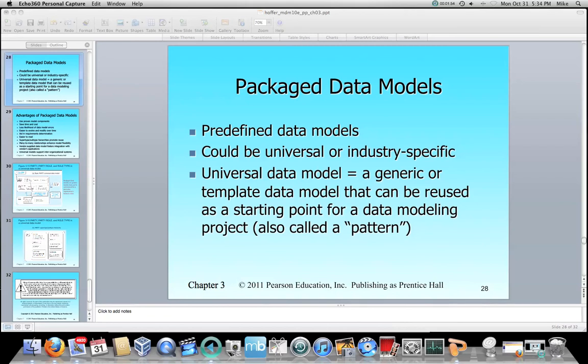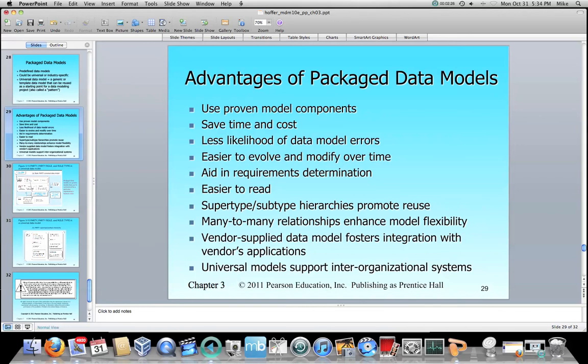So if you're in a company that is very disorganized, not keeping track of its data electronically very well, then you say, in order to catch up to our competition, because databases are a competitive advantage if done properly, if you go out and buy one of these packaged data models, you can catch up very, very rapidly.